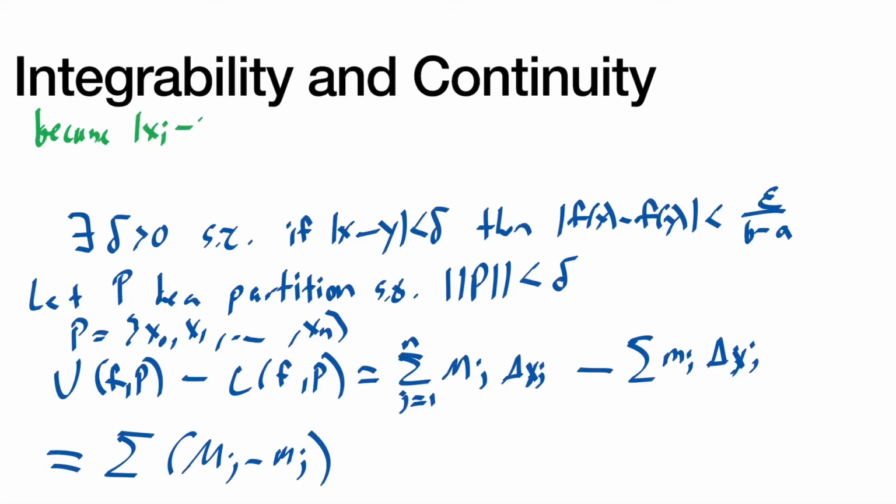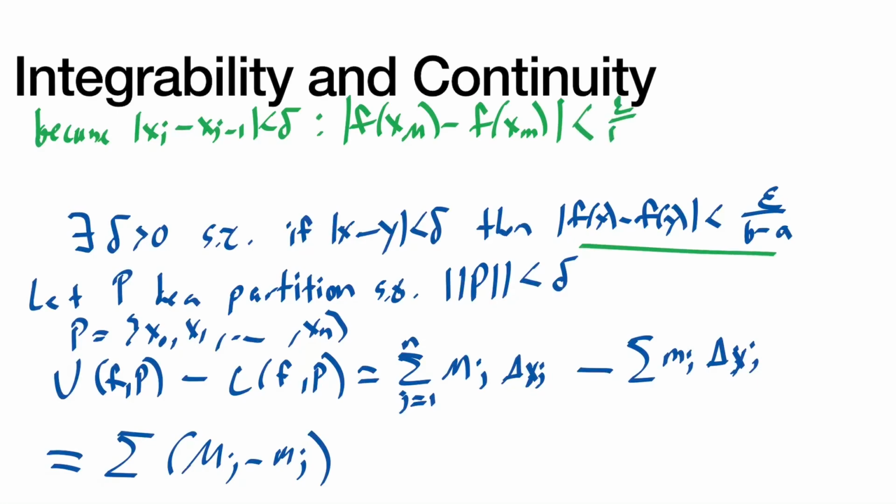Because I know that x_j minus x_{j-1} is less than delta, that means if I take whatever the maximum and minimum values are in that interval, the maximum value f(x_M) minus f(x_m) must be less than epsilon over b minus a.